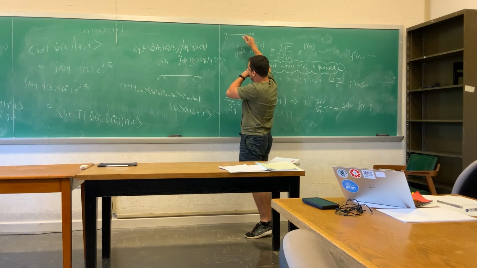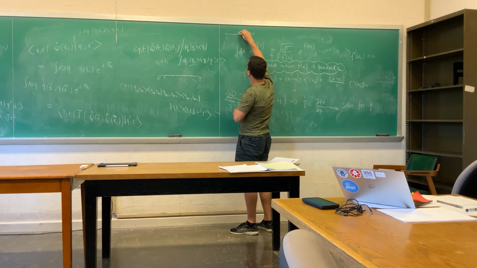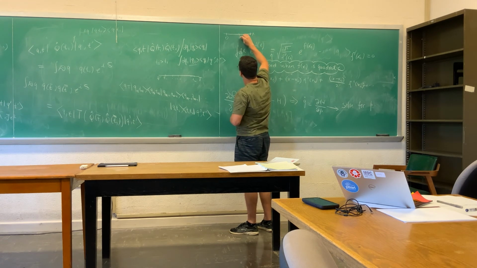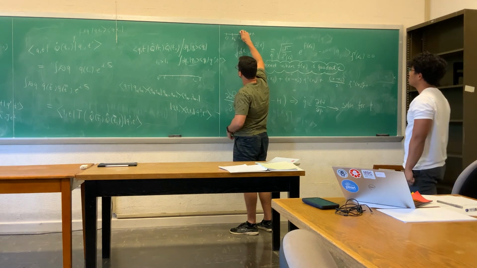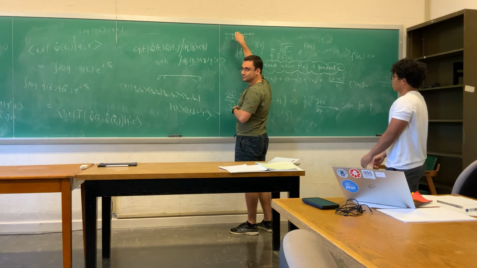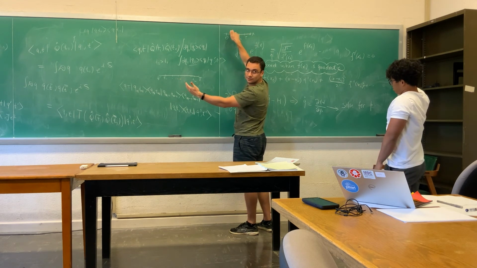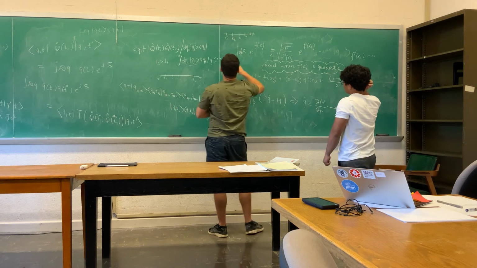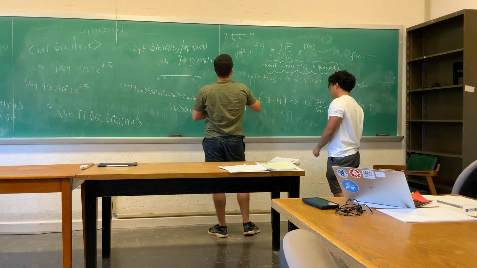You're saying, what if we insert an identity in this time before, to the left of this, even at the start, just to make it simple?